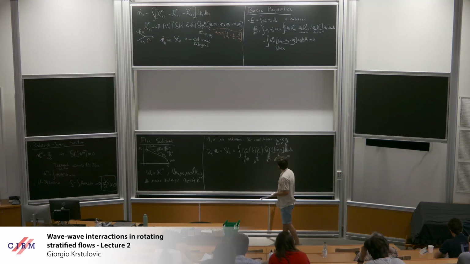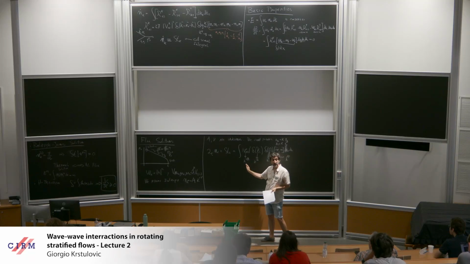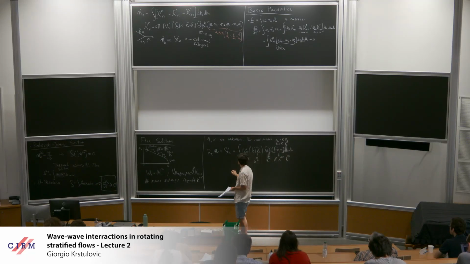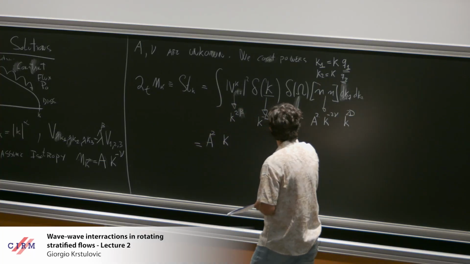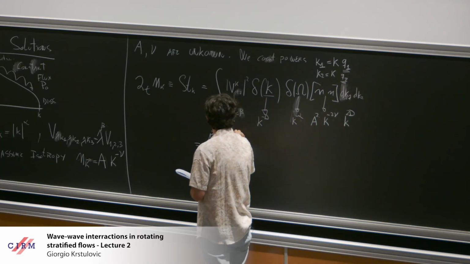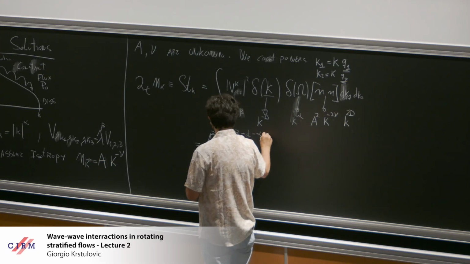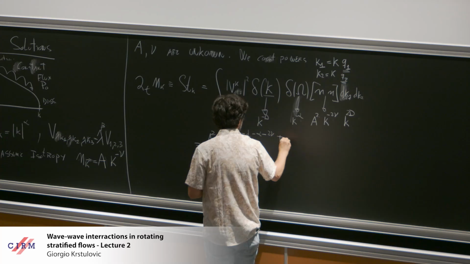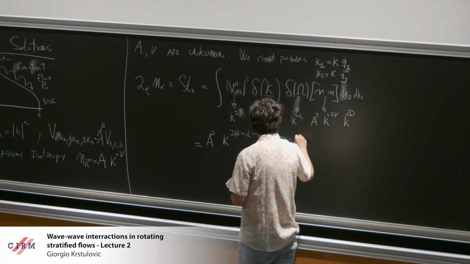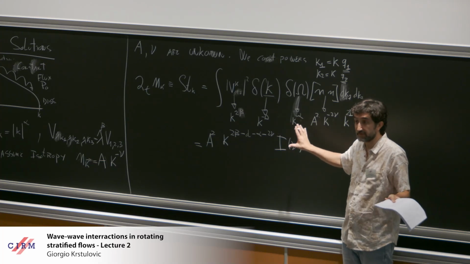So if you do this change of variables inside the integral, you can take all this k outside, and you find that this will be a squared, because we have 2 n's, times k to the 2 beta minus d minus alpha minus 2 nu plus 2d, which gives you 2 beta minus d minus alpha minus 2 nu, times some function of nu, which is a priori a very specific, very explicit function.